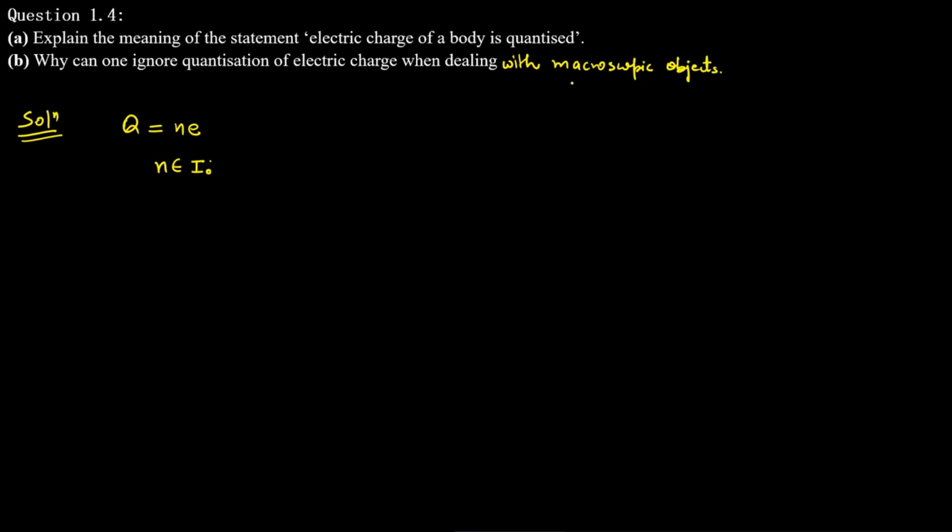When a macroscopic object is there, the particles are very close to each other, so that we say is a continuous charge distribution. So it is useless to talk about the quantization of charge in case of macroscopic objects. This statement you have to write. I hope you are clear with this.